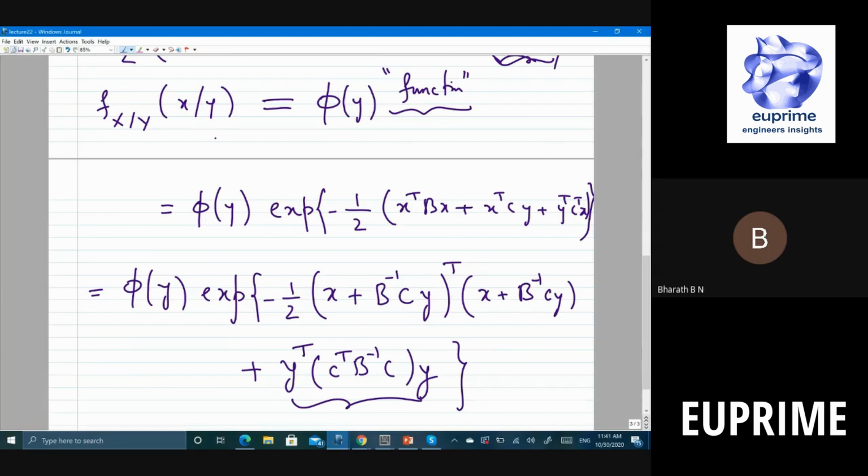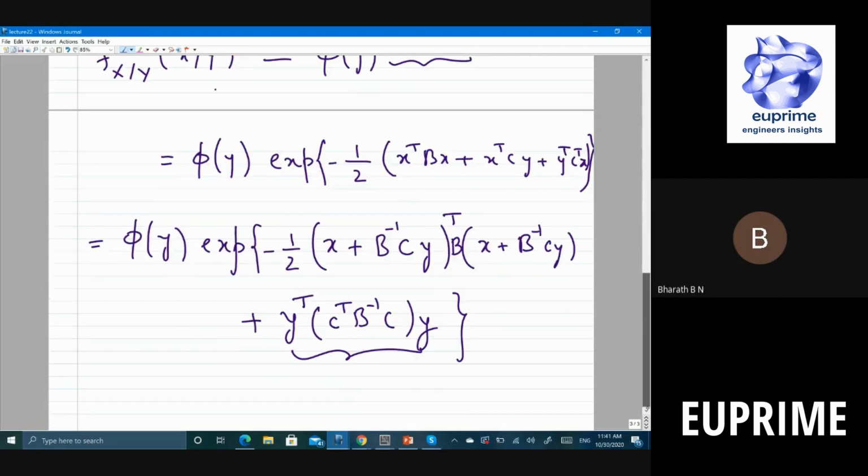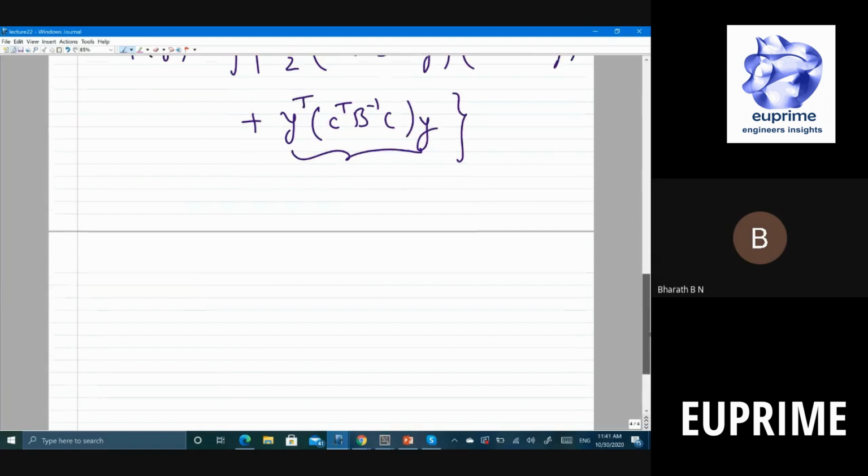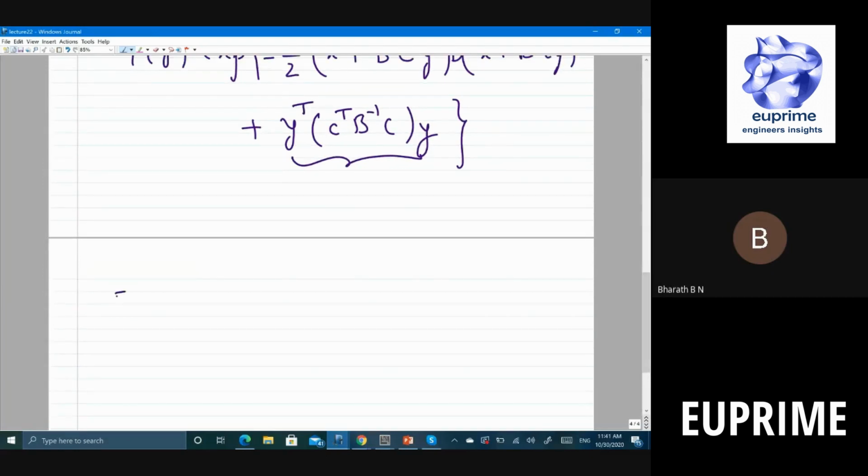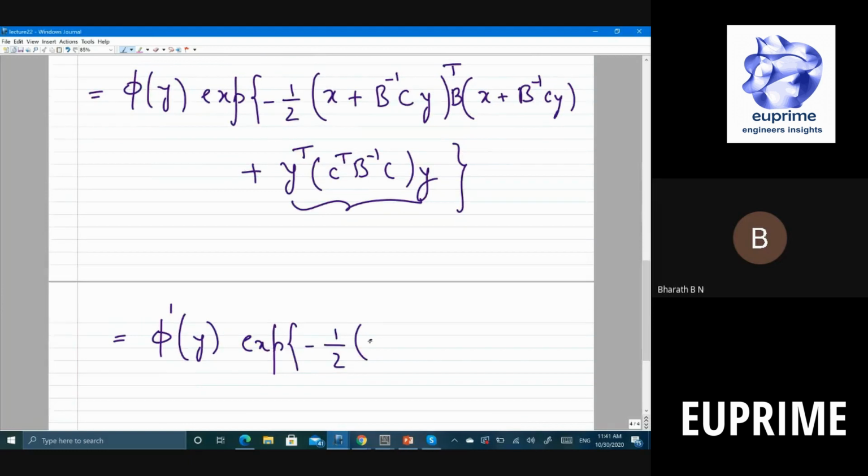I think I missed something, sorry, there is a B here, in between. Okay, so now I can write this as follows: this is some phi of y, let me call it phi dash of y, times exponential of minus half x plus B inverse Cy, transpose this thing.